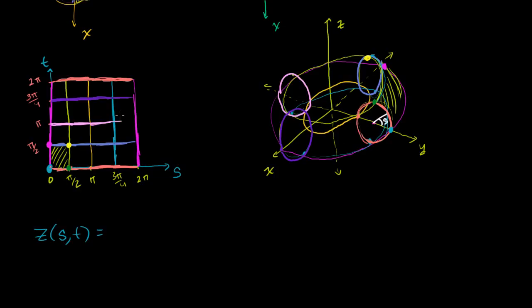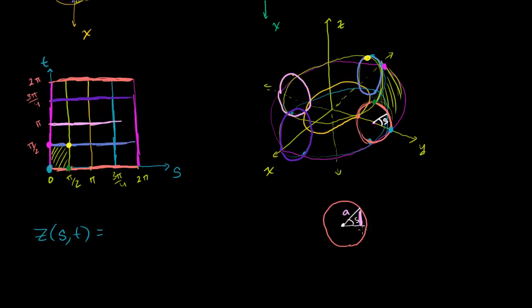If I were to draw that circle out, just like that, we can do a little bit of trigonometry. The angle is s. We know the radius of our circle is a. The z is going to be the distance above the xy plane, this distance right there. That's straightforward trigonometry.